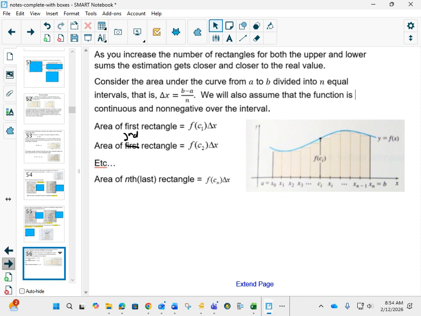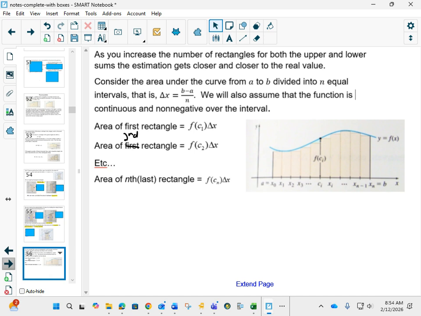And then eventually, if you break it up into n intervals, you'll get up to xn, which will be the point B. And along the way, you could pick a random point C, and that random point C is like C sub i, because there's C sub 1, C sub 2, C sub 3. They're like x sub 1, x sub 2.